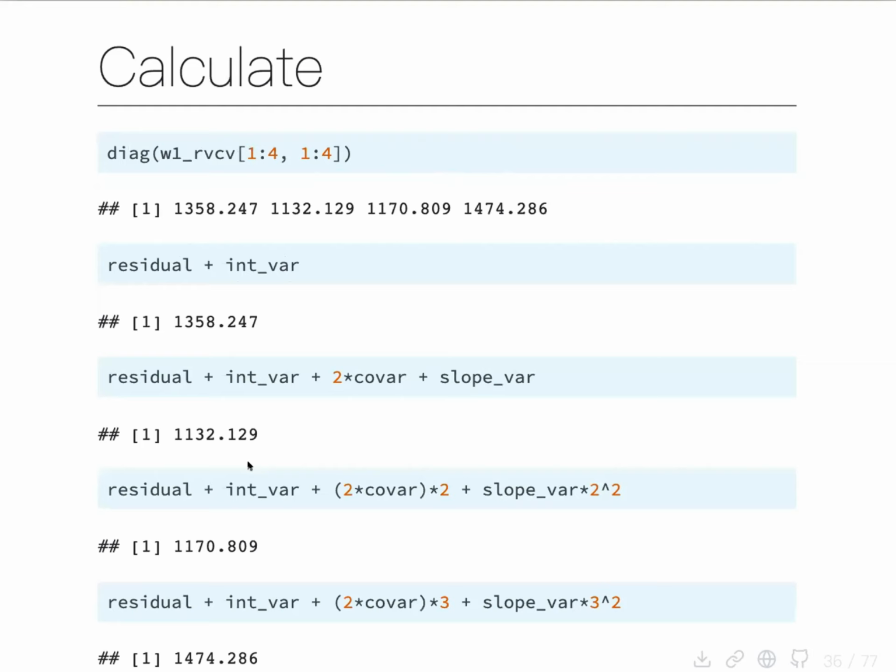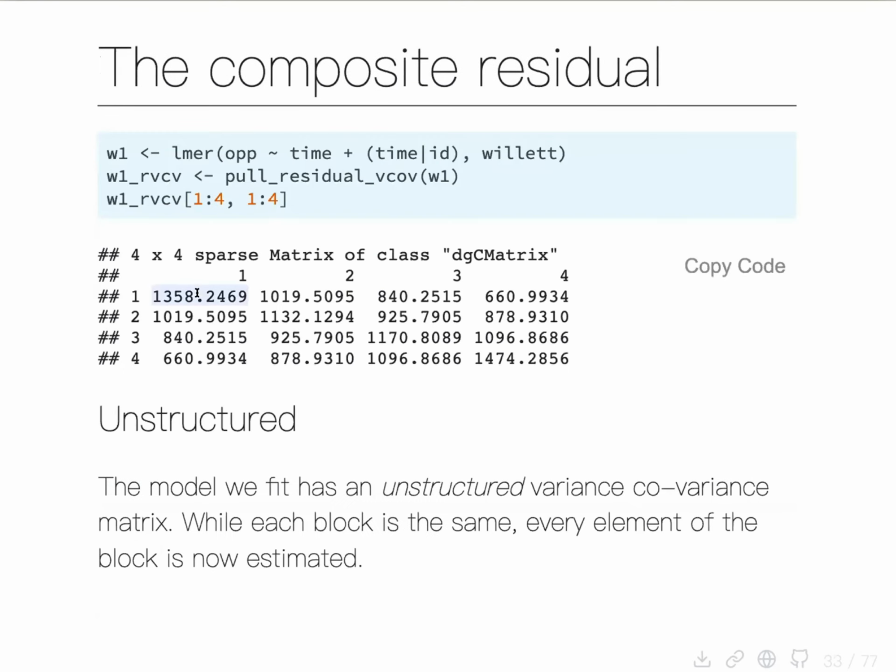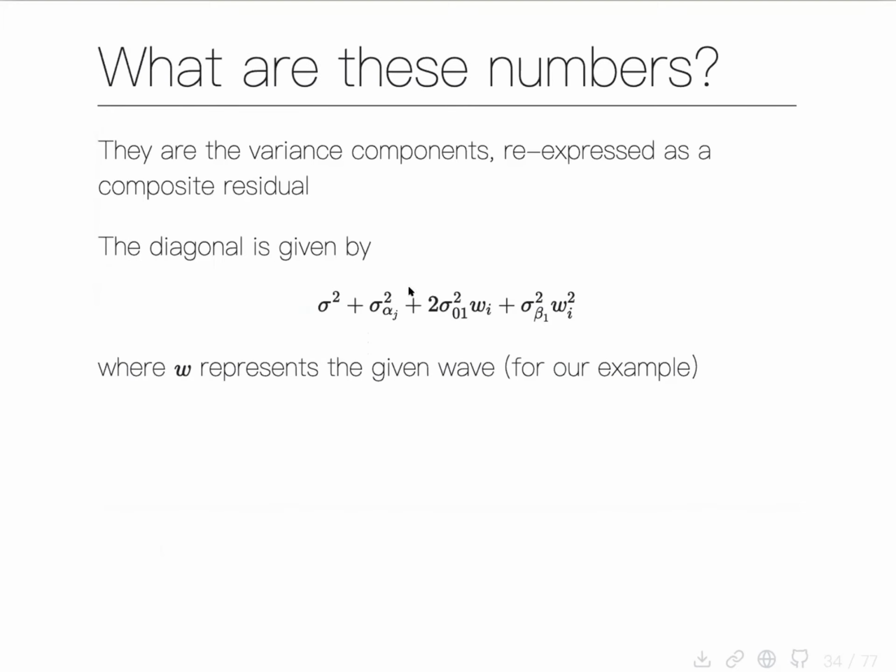Then we can say, give me the diagonal of our residual variance covariance matrix. It's this part. I'm getting this number, this number, this number, and this number. Then I'm going to try to use this equation to recreate those.